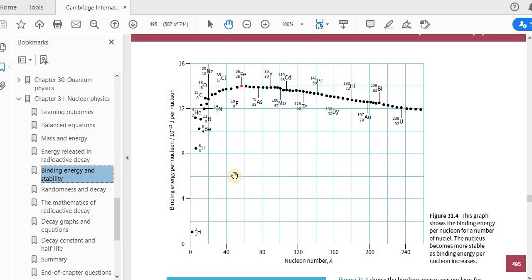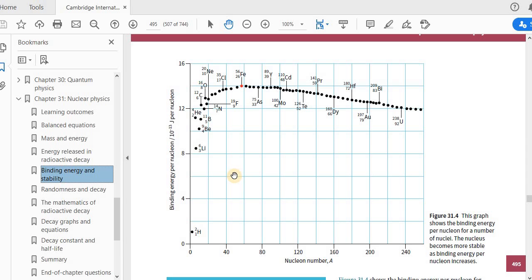Now in both fission and fusion reactions, you have learned that energy is released. So how come energy is released in both nuclear fission and nuclear fusion? In nuclear fusion, what happens?